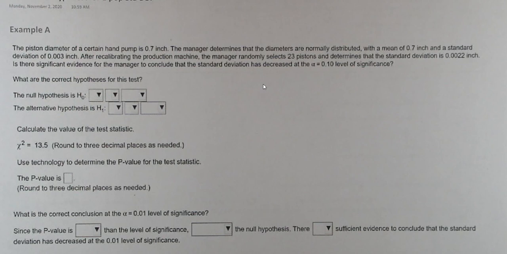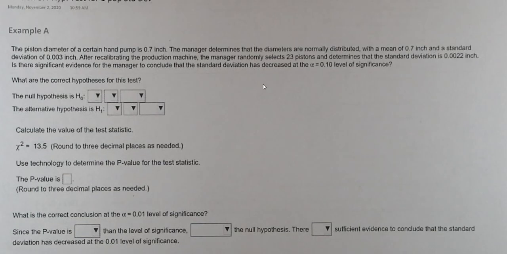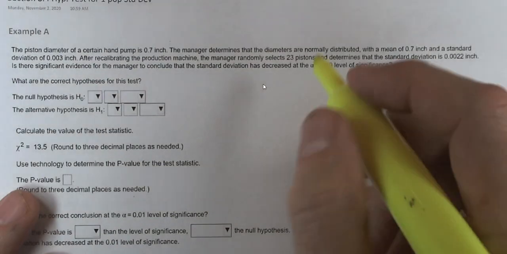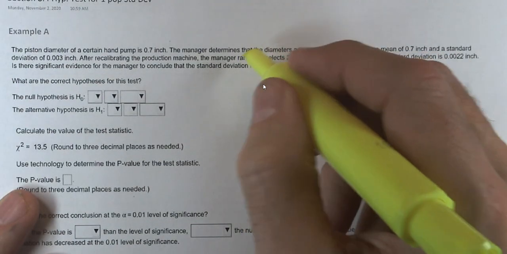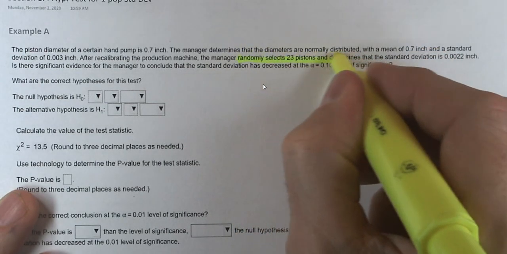The manager determines that the diameters are normally distributed with a mean of 0.07 inches and a standard deviation of 0.03 inches. So that's the current standard. After calibrating the machine, the manager selects 23 pistons and determines that the standard deviation is 0.0022 inches. So let's see. Randomly select 23 pistons.